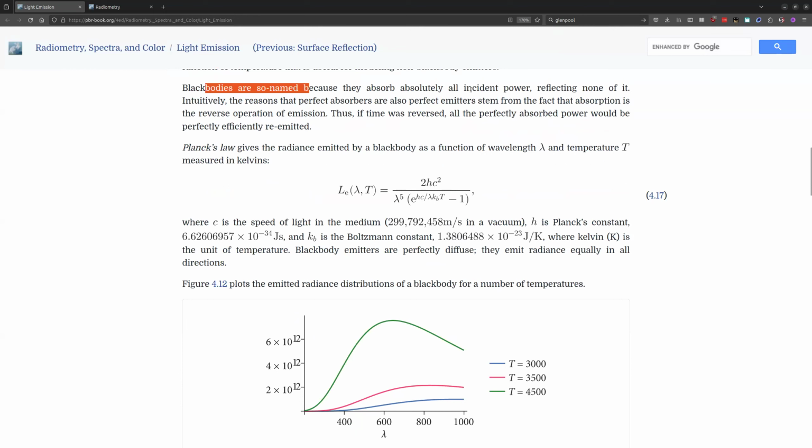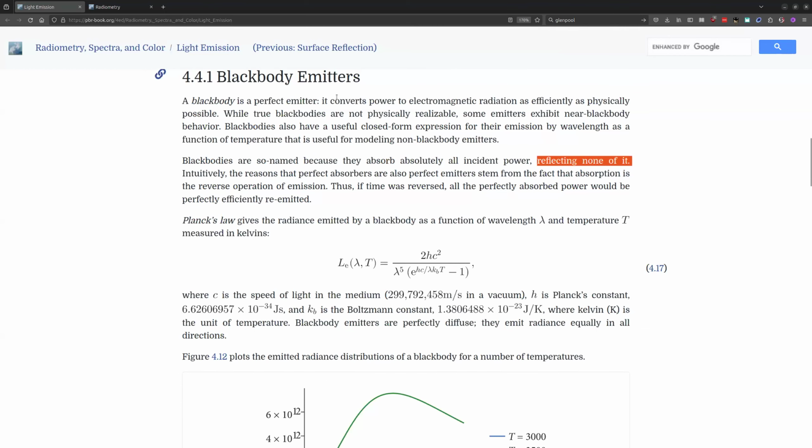Black bodies are called that because they absorb absolutely all incident power, reflecting none of it? Oh, okay. Is a black body emitter a hypothetical thing, not a real world thing? Oh, then I've been confused.